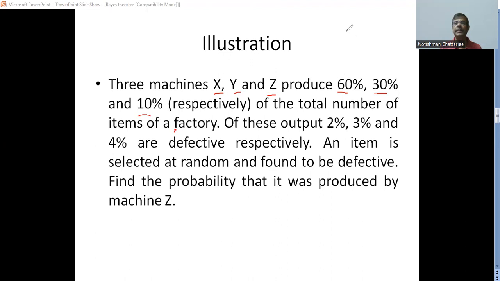In a factory, there are 3 machines producing the same kind of outcomes. Machine X, Y, and Z. So this one is producing 60%, 30%, and 10%.